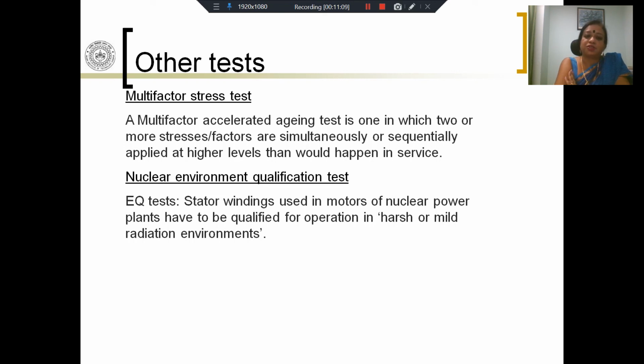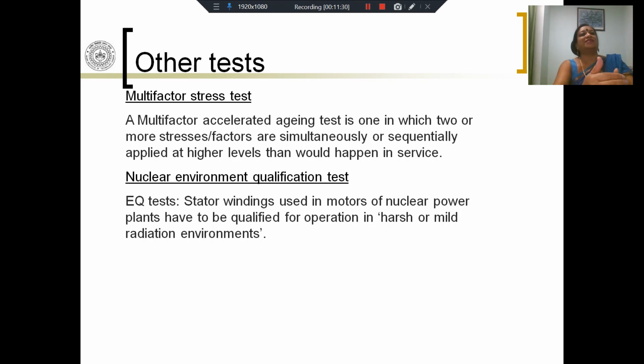Apart from that, we must often work with multi-factor stress tests. As I already said, in practice, it is not one stress that is driving the failure process. Generally, you will have a couple of stresses. You will have at least 2 or 3 stresses aiding each other. So you have a synergy between the stresses.